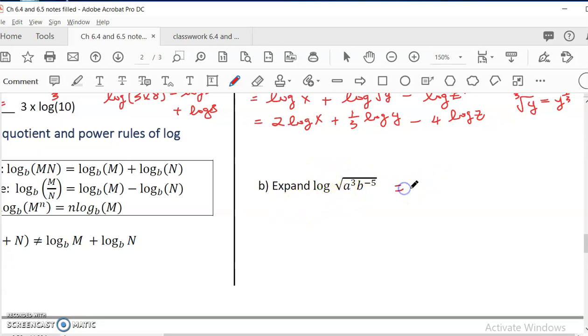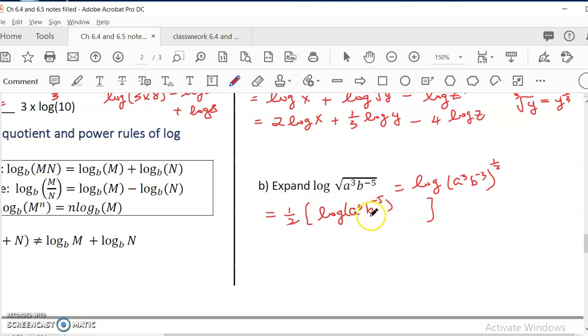So you would write it as log base 10 of a cubed b to the negative 5, and the whole thing is to the power 1/2. So you treat this as log of something to the power 1/2. Now you can move it outside. So 1/2 of, keep this, log a cubed b to the negative 5.